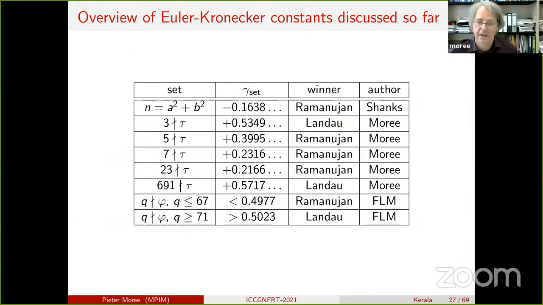So, here just to give you some overview of some Euler-Kronecker constants. This means that we look at how often tau of n is not divisible by 3, and that was the situation in 2004 for the Euler-Kronecker constants.